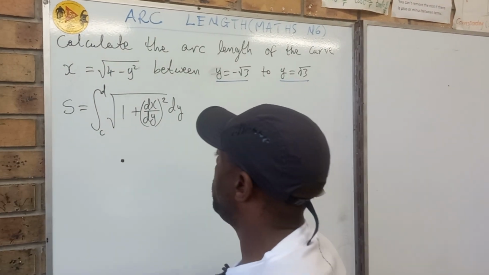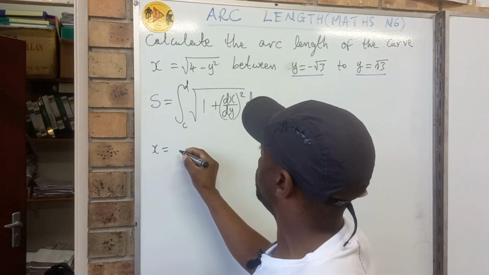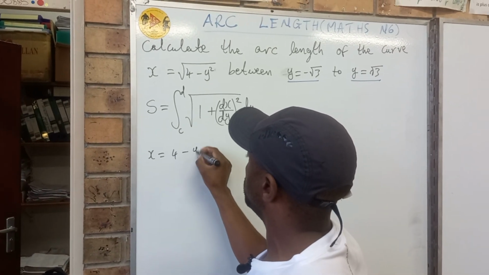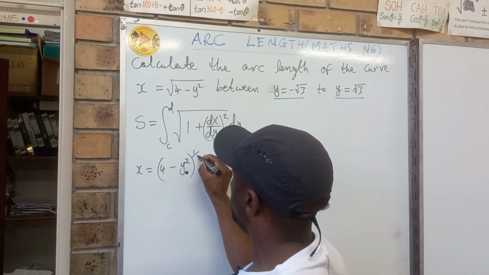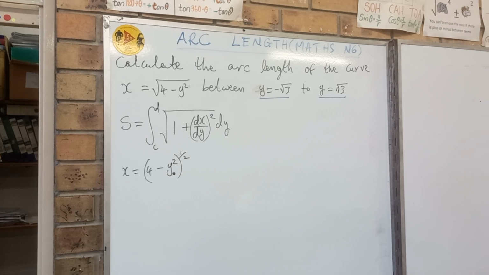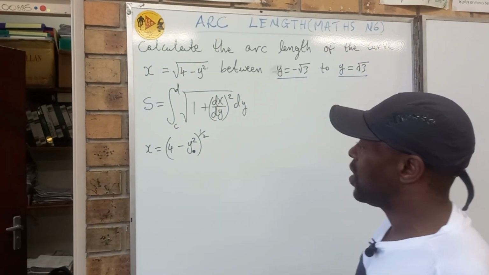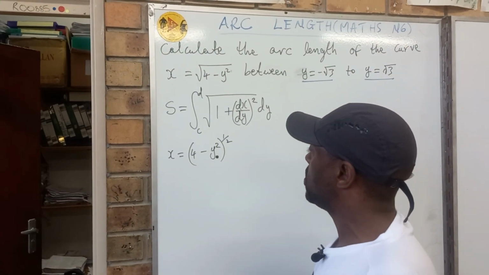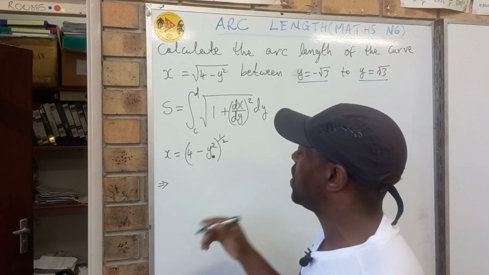So there we've got our problem as x equal to the square root of 4 minus y squared, which you can capture as (4 minus y squared) to the power 1 over 2. Since x has been made the subject, you can look for your dx over dy straight away by taking the chain.